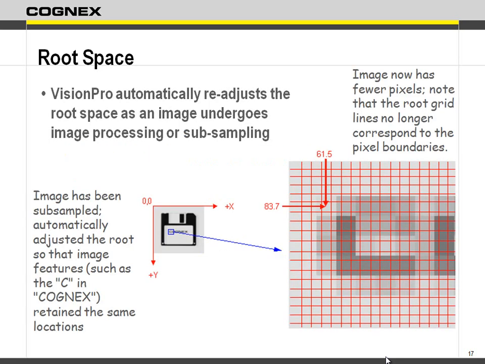Now with root space, if I do some stuff that does some image processing or subsampling, even though my image might get a little bit different, it still knows what the pixels are based on what the previously subsampled one was. Okay, so it keeps that identity there. It's still staying within your actual camera's acquisition space. Does that make sense? So it's still staying with the basics.